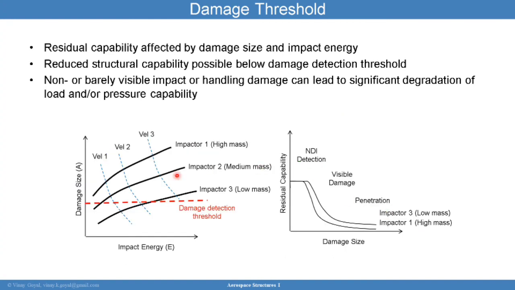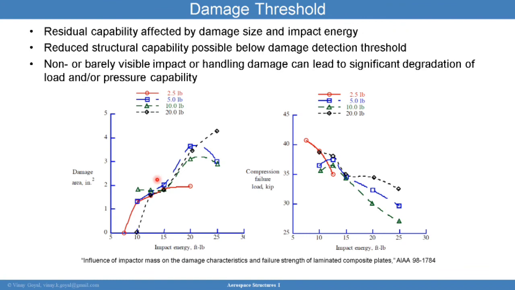In other words, the higher the energy of impact, the higher the damage, the larger the damage size you're going to get, and the larger the damage size corresponds directly to a decrease in load carrying capacity of that composite structure. And again, from a perspective, what I don't want to have is a hidden failure becoming a problem when it comes to load carrying capacity. Because we know that those events can happen from tool drops and things like that.